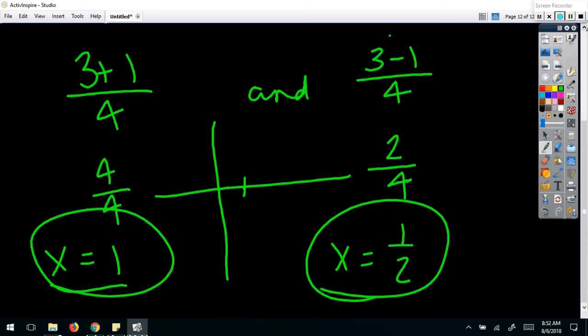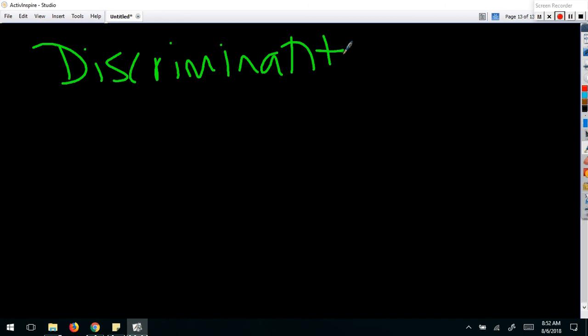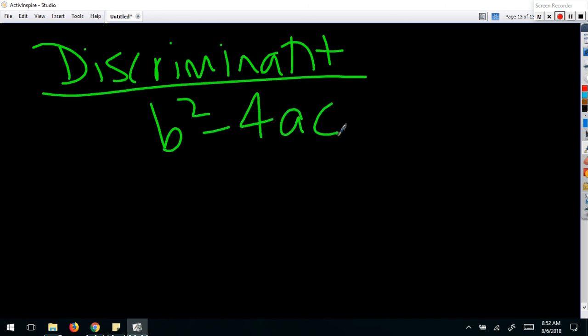Now, quickly, let me talk about the discriminant. The discriminant is that little part that's under the radical, b squared minus 4ac.